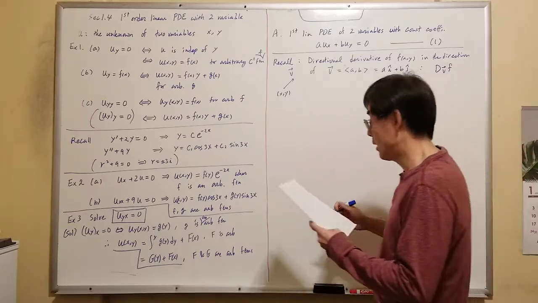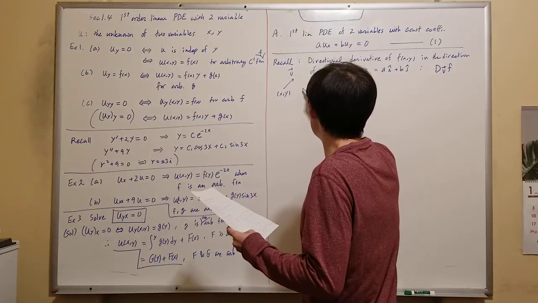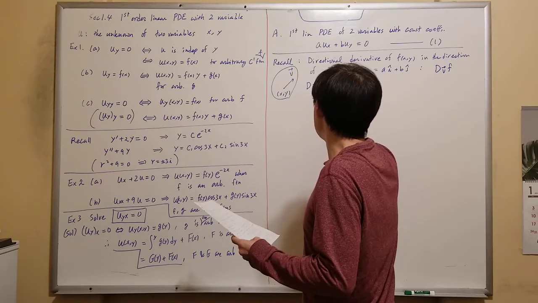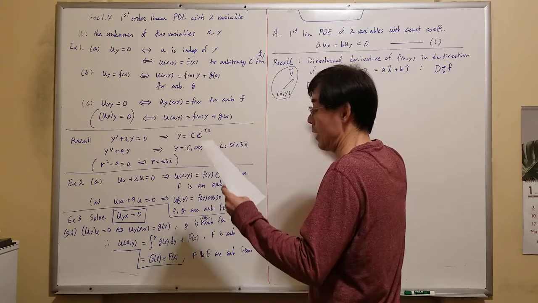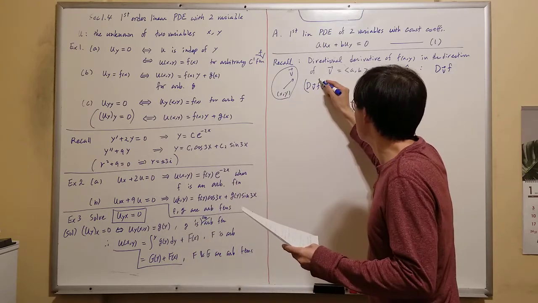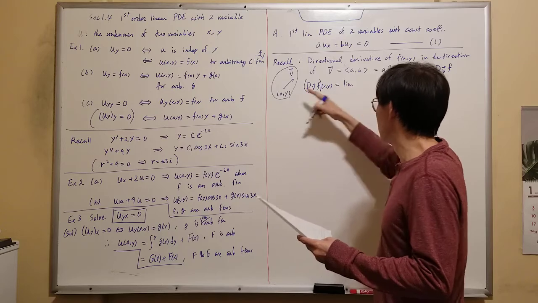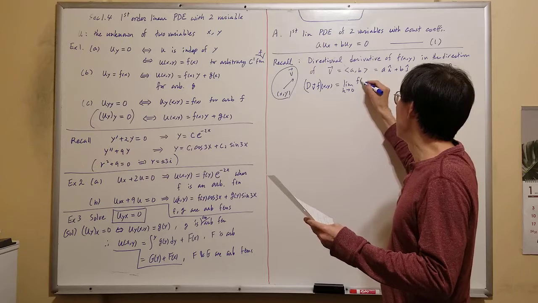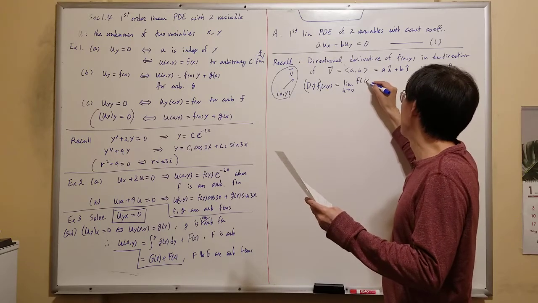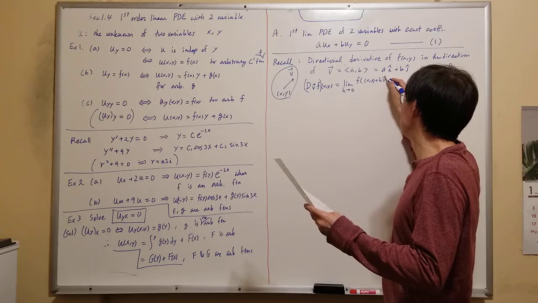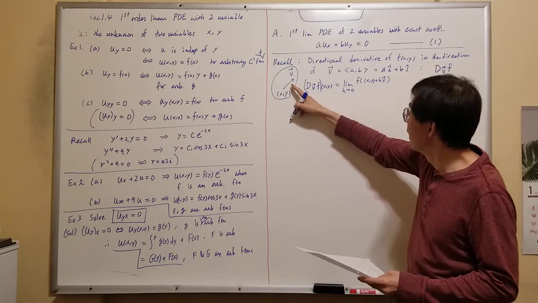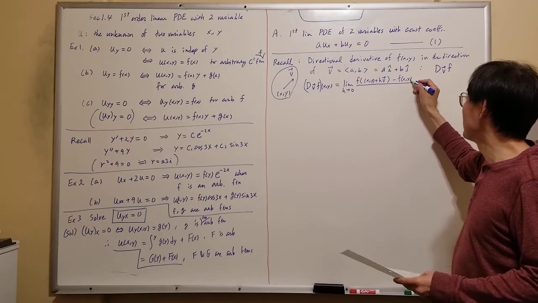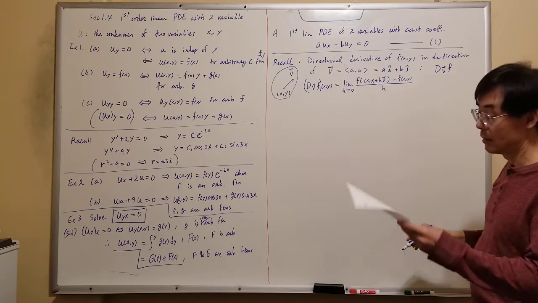And then we learned, so D sub v f at xy, you can write it this way: the limit as h goes to 0 of f of the point xy plus h times v, minus f of xy, over h.